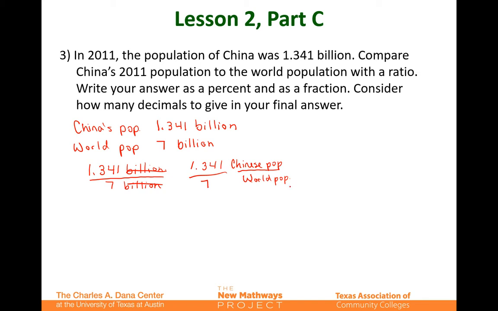We might want to round that a little bit. This is about 1.3 to 7. Notice we have a decimal in the fraction. If we multiply that by 10, that would mean about 13 people out of every 70 people live in China.